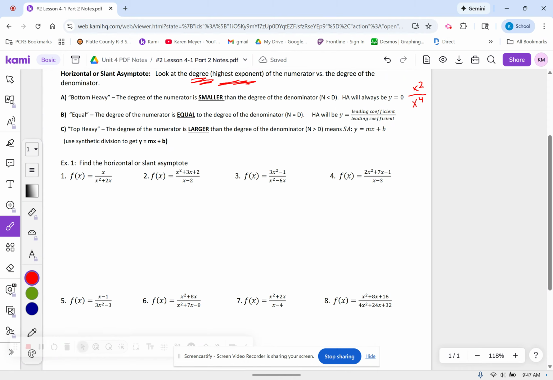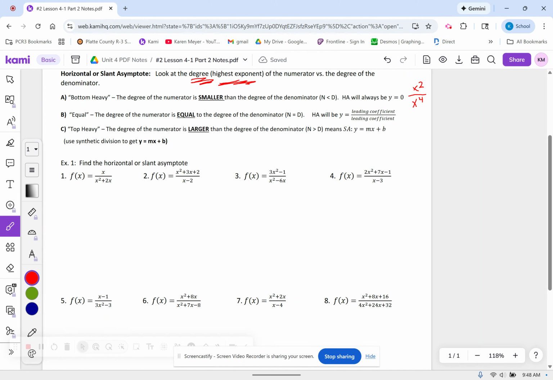The highest exponent on the bottom is 4. So this one is bottom heavy because the exponent on the bottom is bigger than the one on the top. And if the exponent on the bottom is bigger, then it is horizontal.